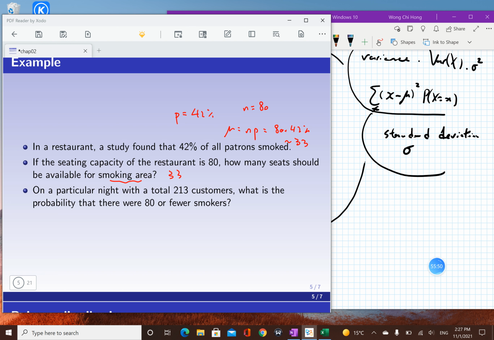But of course, on any night we're not going to have only 80 people. In an evening, people come and go on a single night. We've got turnover, so we may have, in this case, 213 on a particular night. What's the probability that there were 80 or fewer smokers?